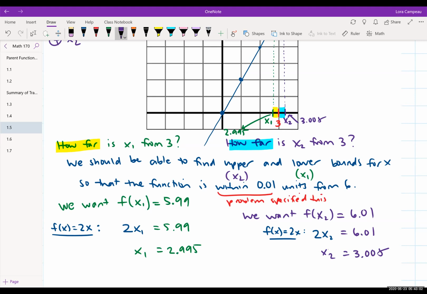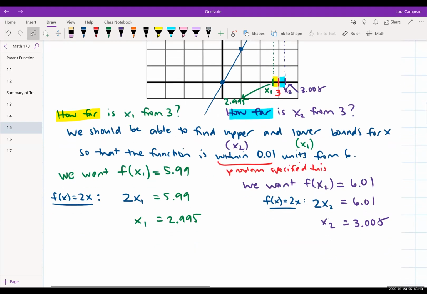Now that's the main part of this battle, but remember, we were interested in finding the distances. We wanted the yellow highlighted part and then the teal highlighted part. If you're looking at how to figure out distances, it's not 2.995 or 3.005, it's the distance from 3. Whenever you're finding distances for x1, it's 3 take away 2.995 units from 3.